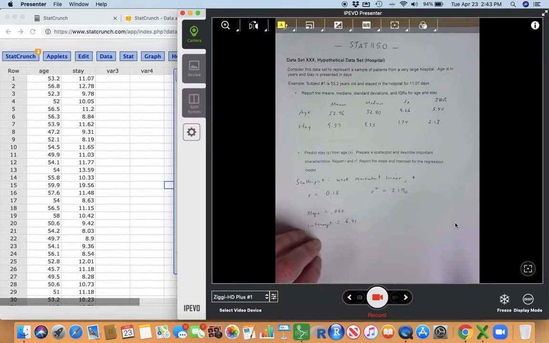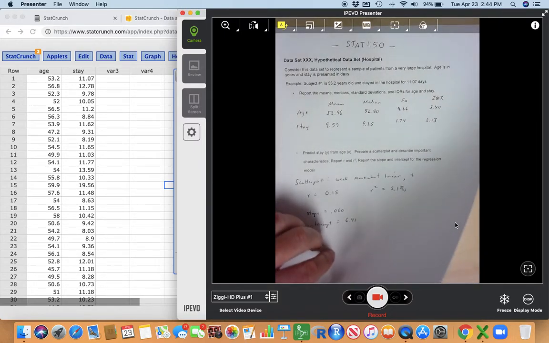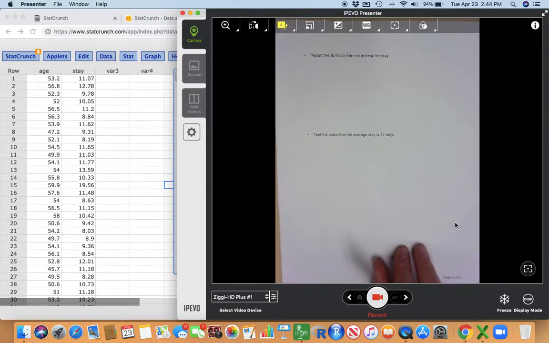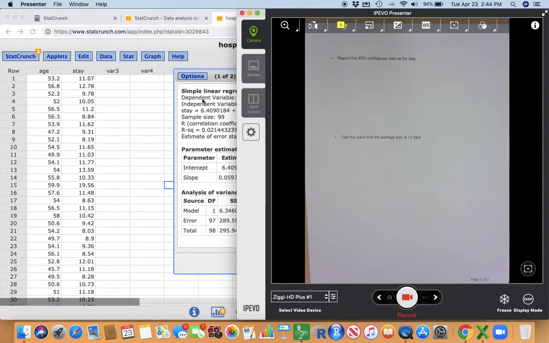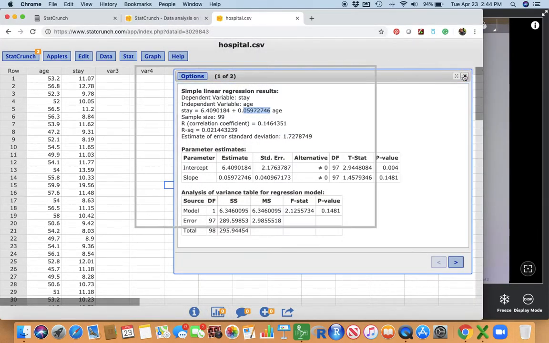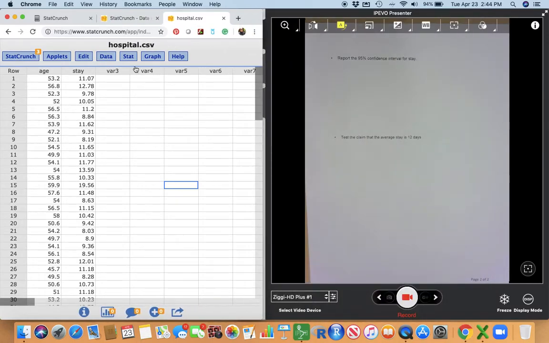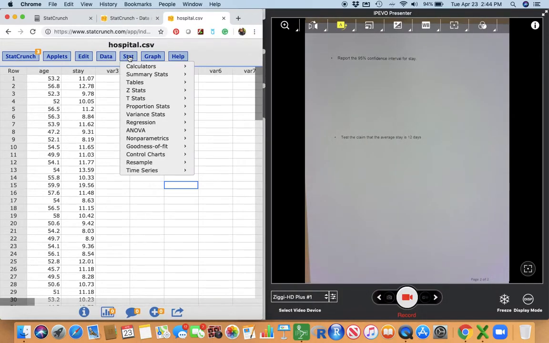Now, the next thing you were asked to do, I think this was probably about week number 4 or week number 5, I forget. Actually, I think it was week number 5, is report the confidence interval for one of the variables. Well, that's pretty easy to do, especially when you have StatCrunch. So we would go to stat, go to t stat, go to one sample, and with data.